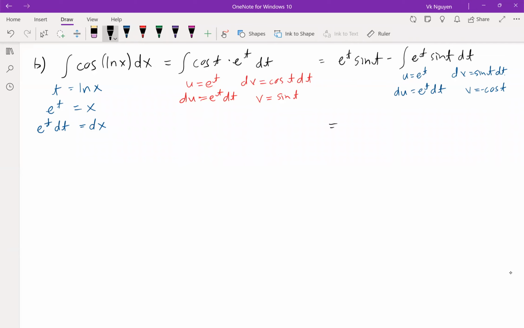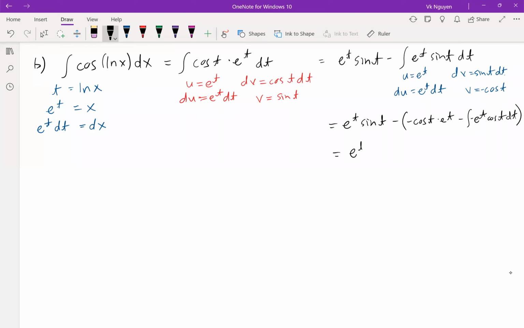So we have e^t sine t minus uv, so negative cosine t e^t, minus the integral of v du, so minus e^t cosine t dt.